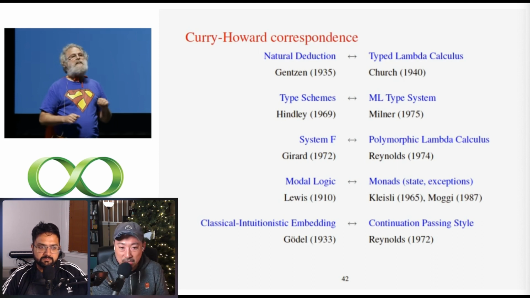And then in logic, you have proofs, and the dual of proofs in computer science is programs. And then in logic, the normalization of proofs is equivalent to the evaluation of programs in computer science. So there's this kind of odd correspondence between logic and computer science. And Philip Wadler calls it Curry-Howard, a double-barreled name that generates other double-barrel names. So that's how you get the Hindley-Milner type system, stuff like that.